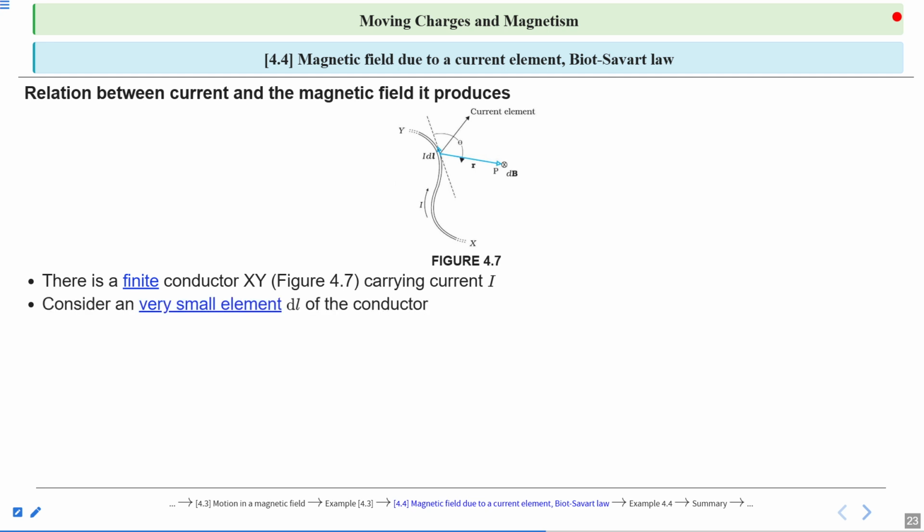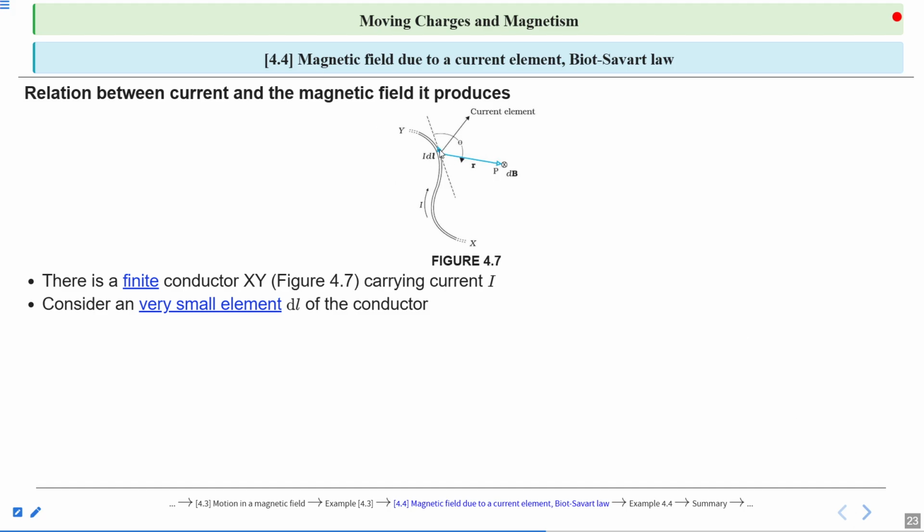Consider a very small element dl of the conductor. They have considered it in the diagram also where I dl is written.